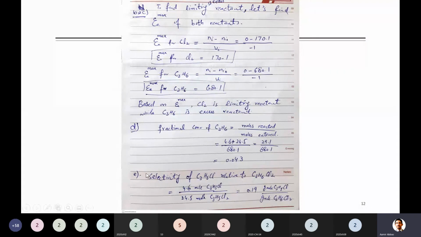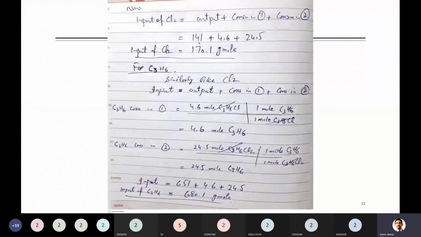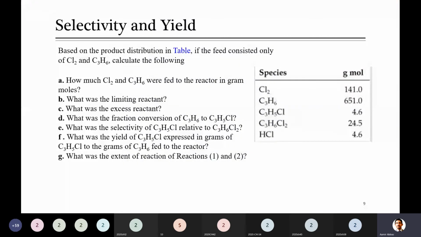So I have written the selectivity as a ratio between the moles, 4.6 to 24.5, and I will mention it here because I'm not presenting it as a percentage or anything. He said write relative to the other, so just write the values. The numbers will simplify, and you will write moles of C3H5Cl to moles of C3H6Cl2. This was the E part. And I think in the F part he asked you to find the yield.